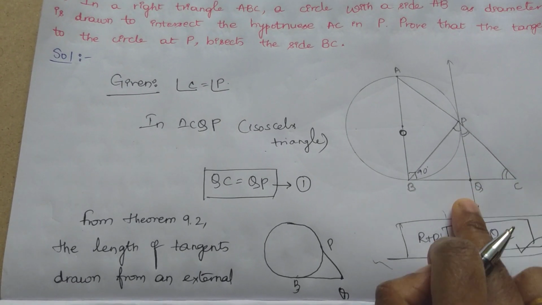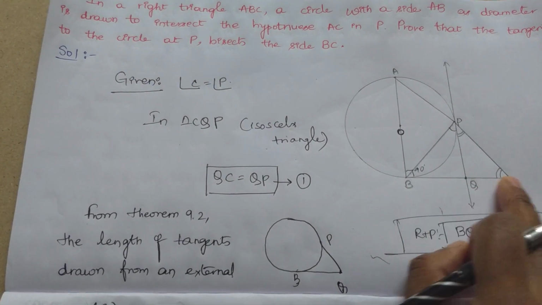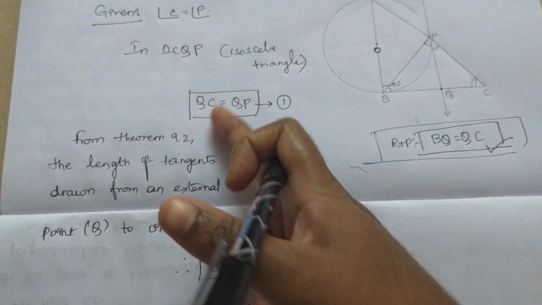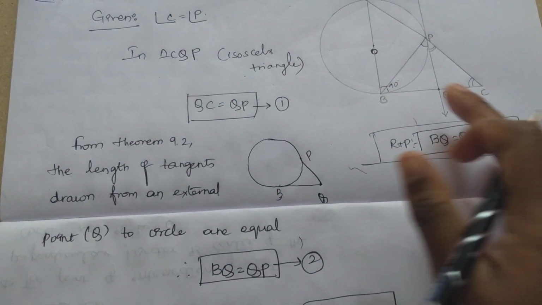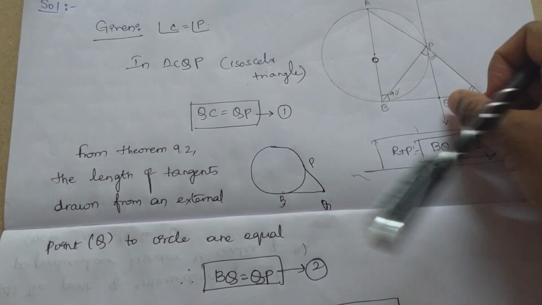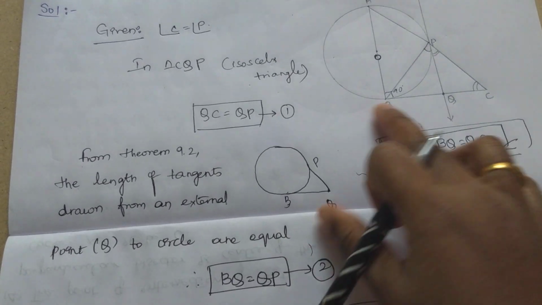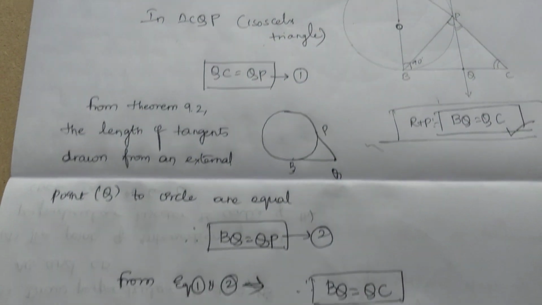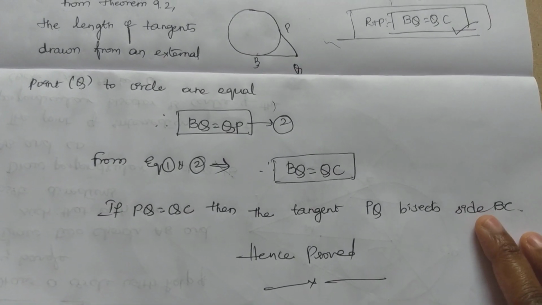So you can write PQ equals to QC. From equation 1 and 2, you can equate the LHS part. Therefore BQ equals to QC. It means that PQ is the tangent that bisects the third side BC.